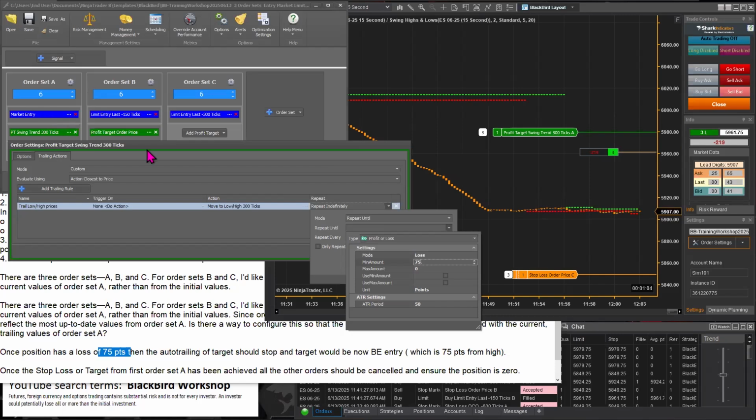NinjaTrader is always using your average entry price when it returns whether you're in a profit or a loss. So that actually won't work in our case.